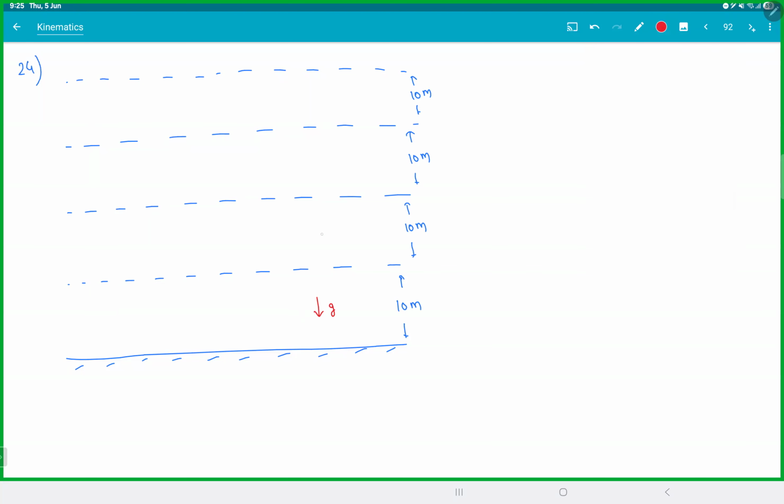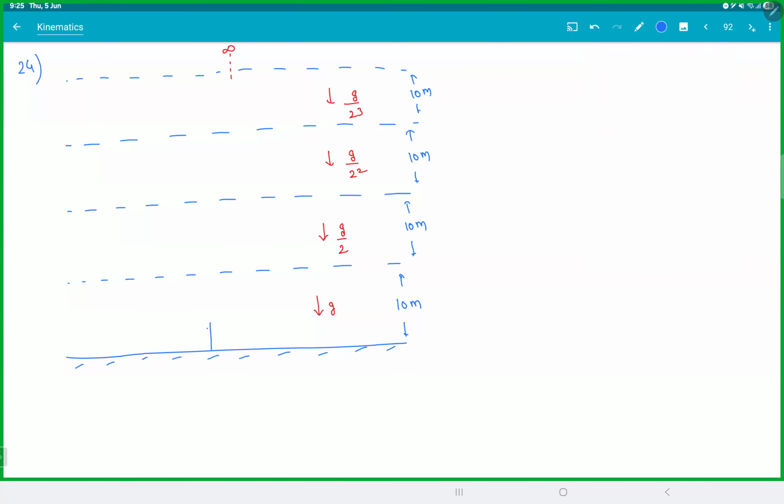For the first 10 meters, gravity is g. For the second 10 meters, gravity is g by 2. For the next 10 meters, gravity is g by 4. Next 10 meters, gravity is g by 8. And the sequence goes on. I can write this as g by 2 square, g by 2 cube, and so on. This is going till infinity, never ending.